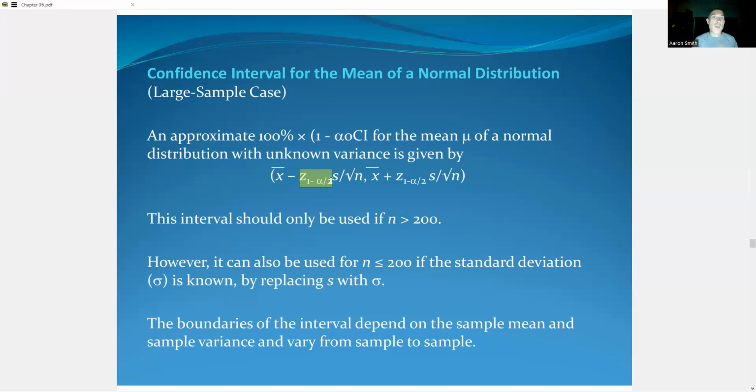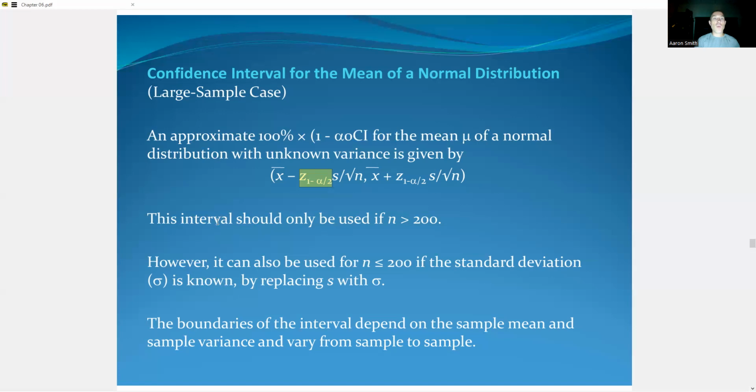Don't worry about the normal or the T aspect. It works out in some types of problems that it's not really clear when we should transition or how to proceed. And sometimes, just to get around other technical details, we'll use the normal distribution. So this is a reasonable way to go.